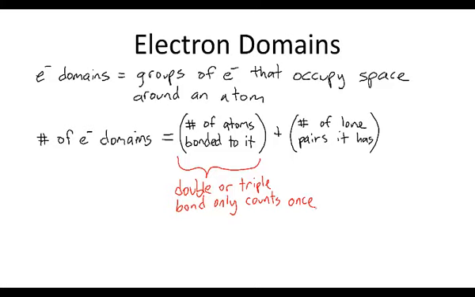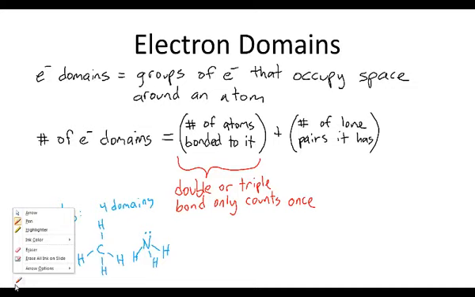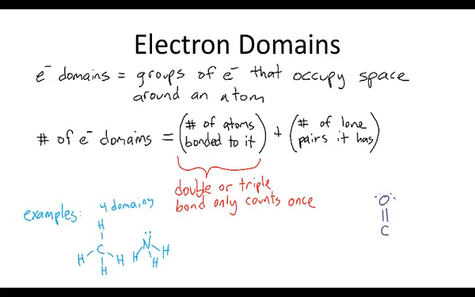Just to give an example of each: there's carbon with 4 domains, there's nitrogen with 4 domains, whereas here's an example where carbon has 3 domains.